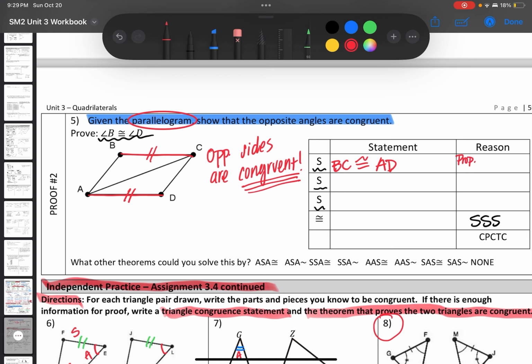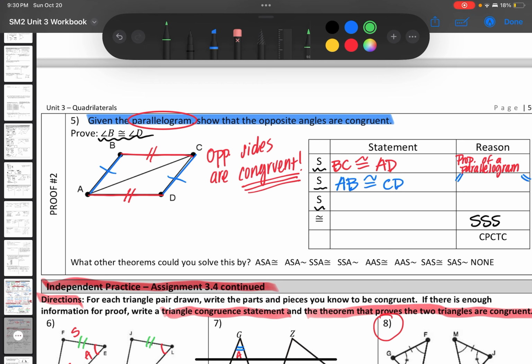Then AB is congruent to CD, because those are the other two opposite sides of a parallelogram, and that's the same reason: property of a parallelogram.